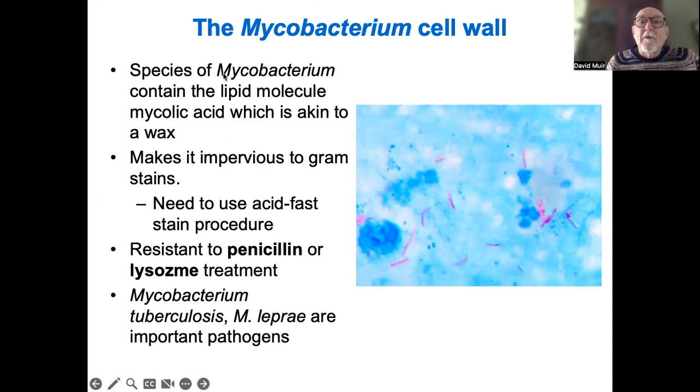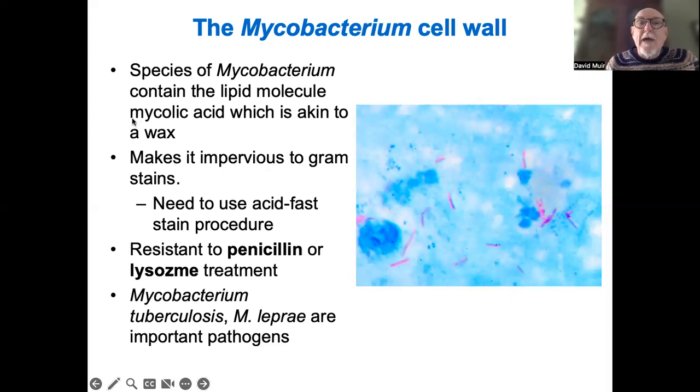The thing about mycobacterium is that the cell wall doesn't only consist of peptidoglycan. They are fundamentally gram-positives, but they do not respond to the gram stain because of the presence of this wax, which is present in the cell wall.